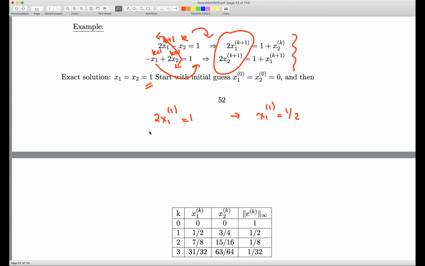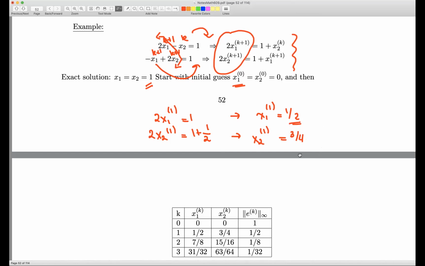And then we'll have 2x2,1 is equal to 1 plus, now in the Jacobi, we use here 0, which was the first component of the 0 vector. But now here we will use 1/2 because we already know it. And so it will be plus 1/2. And therefore, we will get that the second component of the vector x1 will be equal to 3/2 divided by 2, which is 3/4. So now here we'll have 3/4.